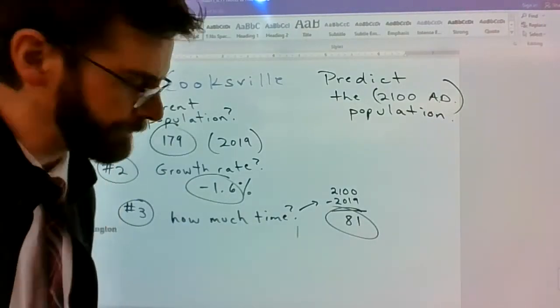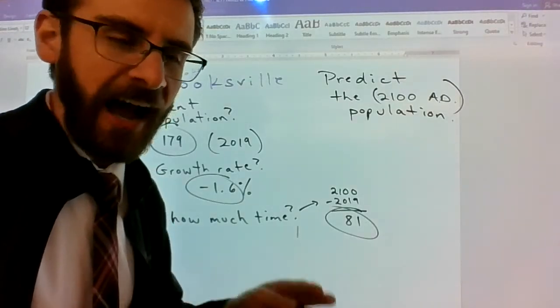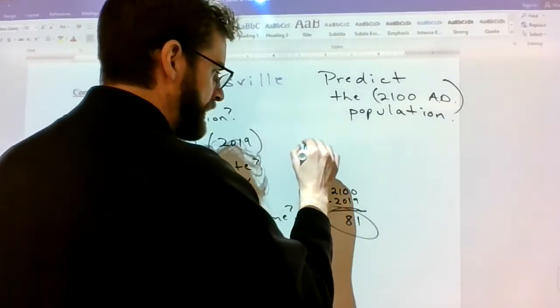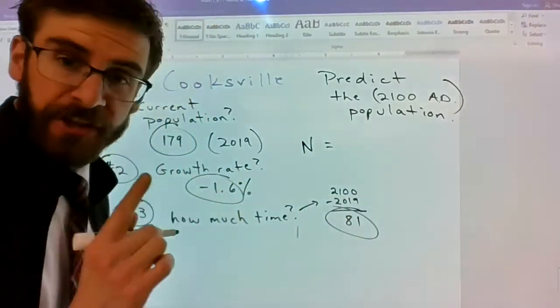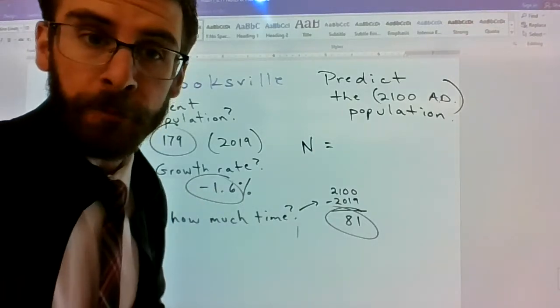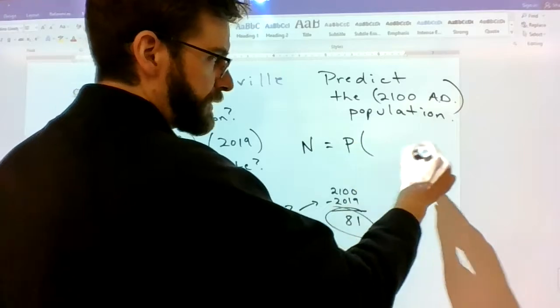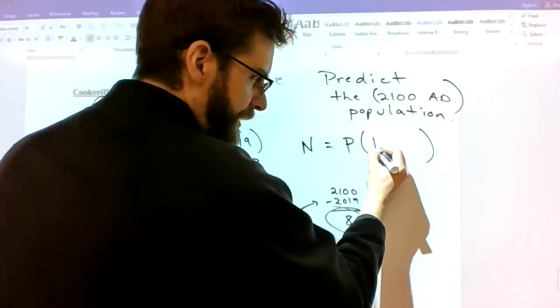Now, how do we use them? Well, I drew this explanation a lot more out in class. I'm just going to give you guys the bare bones. To get the new population, you take the original or current or principal population, I'm going to call it P, and then you multiply it by 1.